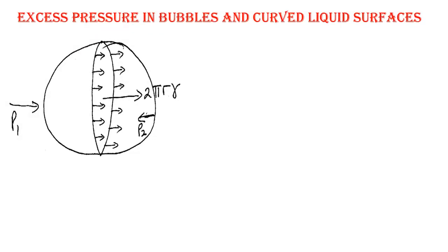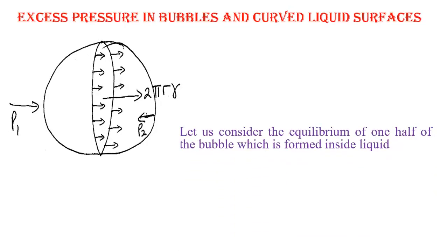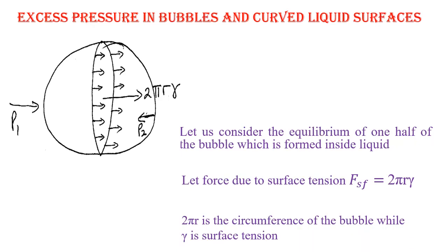Given that this is a bubble, let us consider the equilibrium of one half of the bubble, which is formed inside liquid. Let the force due to surface tension be F subscript SF, which is equal to 2 pi r gamma. Given that 2 pi r is the circumference of the bubble, gamma is the surface tension of the bubble, and r is the radius of the bubble.